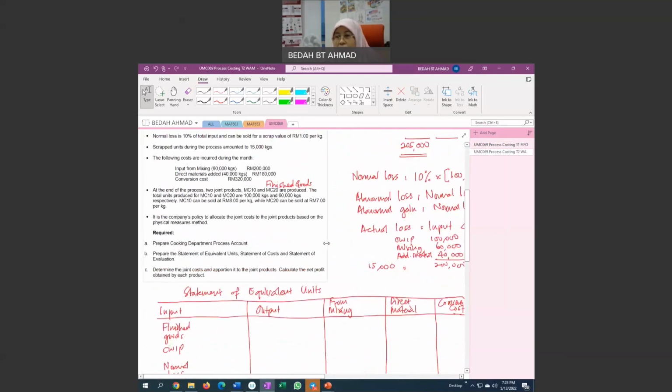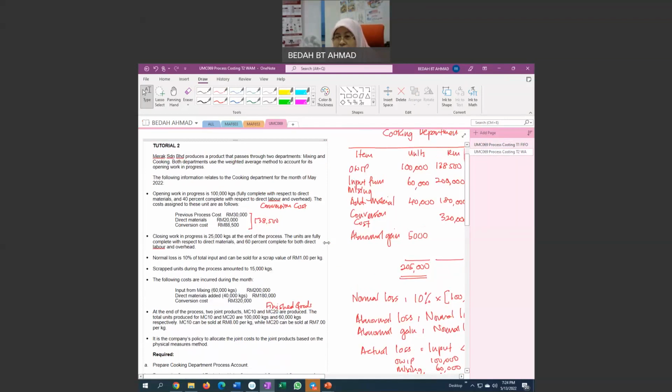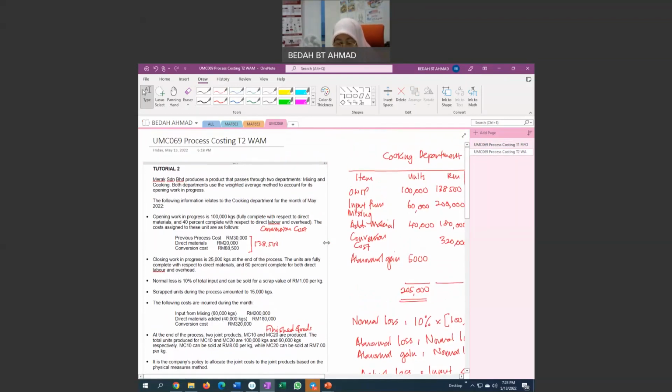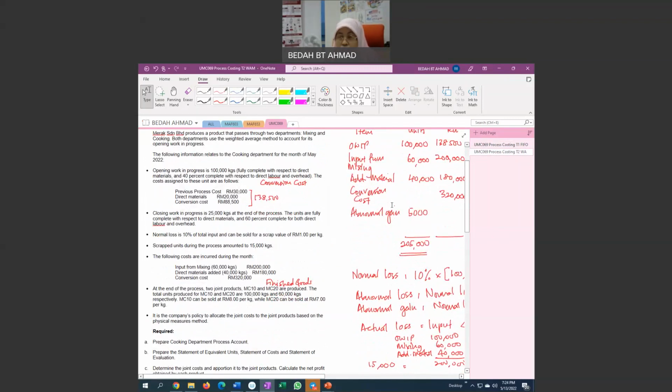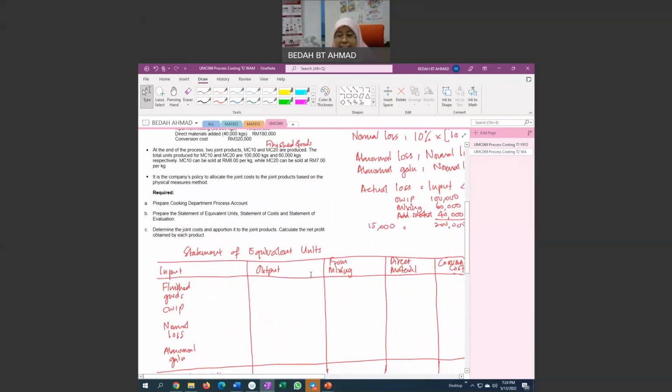But here is quite different. Preparation of the statement of equivalent units. Okay, so we will take the OWIP, opening work in progress, and input from mixing as the finished goods. Then we have the closing work in progress. So this will be 160,000.